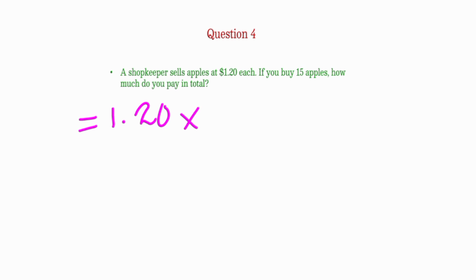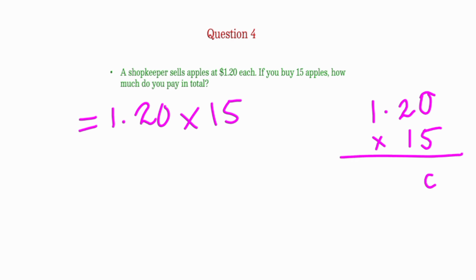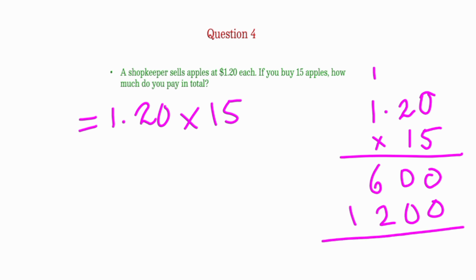Okay, so we'll do $1.20 times 15. If we multiply 1.20 times 15, what do we get? Now 5 times 0 is 0, 5 times 2 is 10, 5 times 1 is 5, add 1 is 6. Okay, put a 0 here. 1 times 0 is 0, 1 times 2, and 1 times 1.